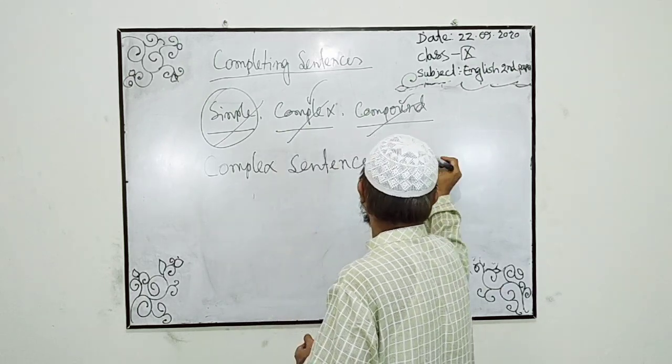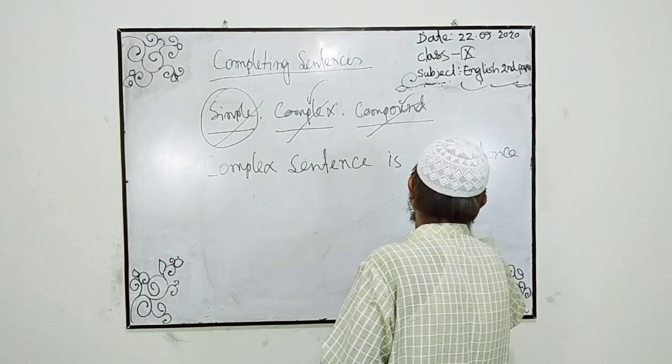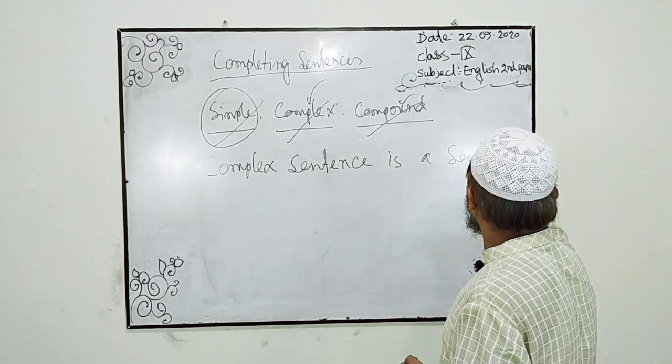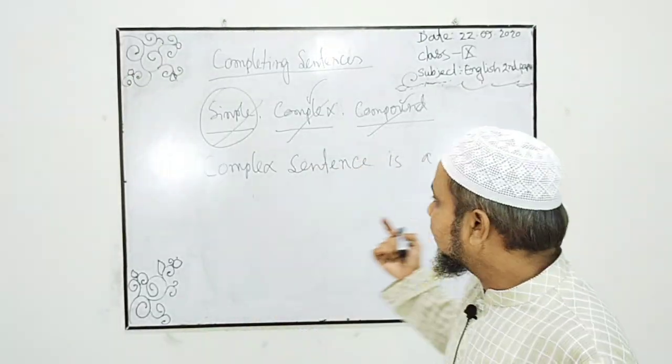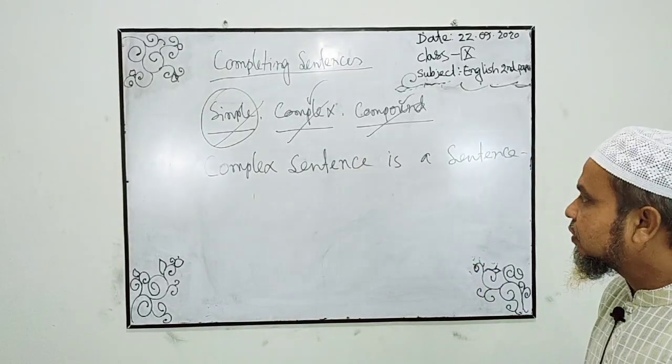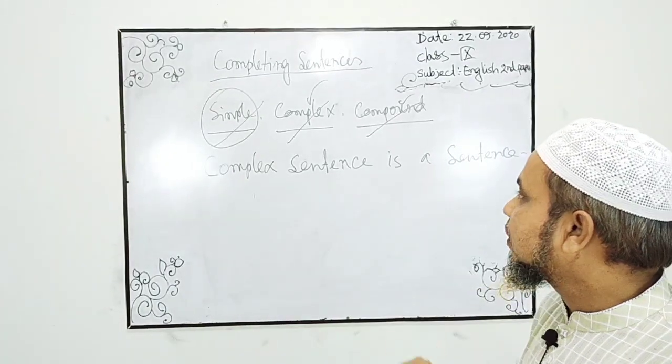A complex sentence is a sentence which has more than one verb, and that means it has two parts.